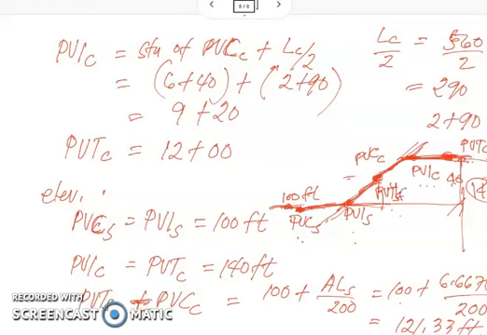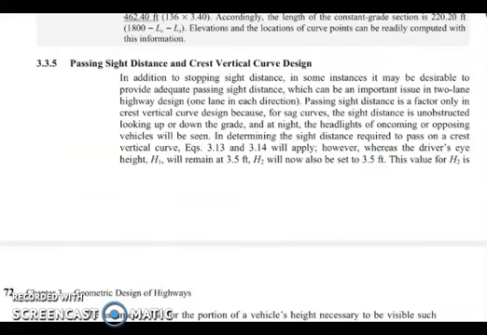That will be the elevation of 100 plus the equation for our offset, AL all over 200. Similarly, since the location of the PVT for the sag and the PVC of the crest vertical curve is the same point, we now have the value 121.33 feet.